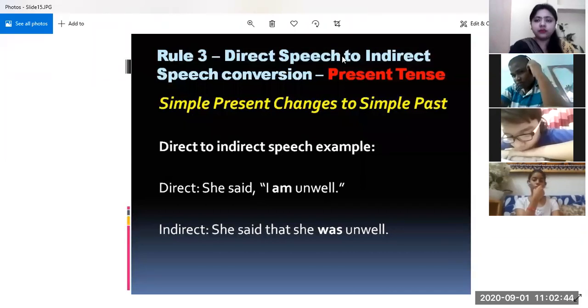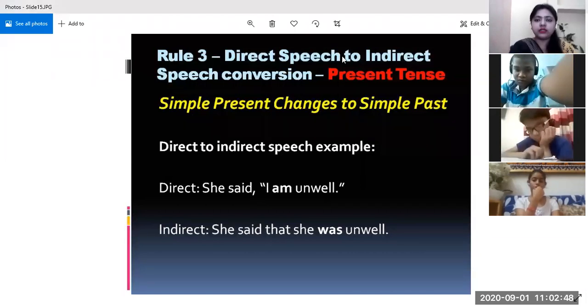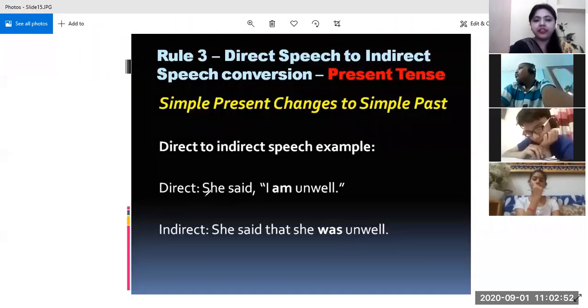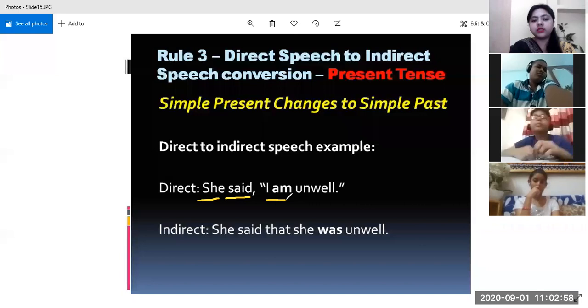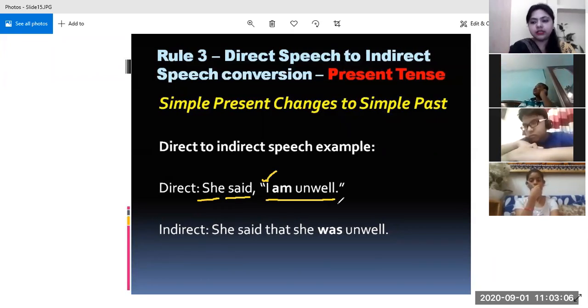Now, first of all, let us look at the sentence and recall whatever we have done so far. We learned what is the subject, what is the reporting verb, what is the reported speech, and how do we change the pronoun. So she is the subject, said is the reporting verb, and I am unwell is the reported speech.